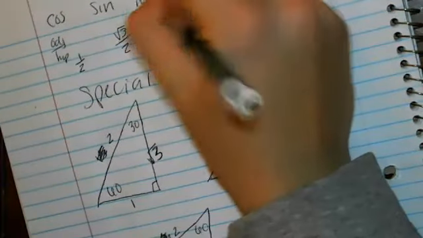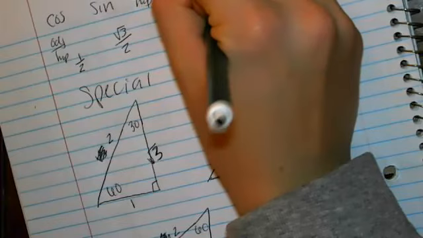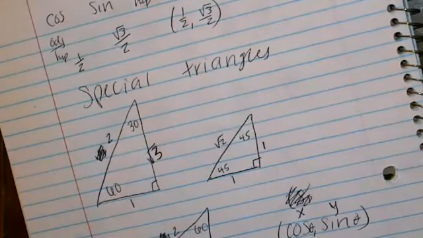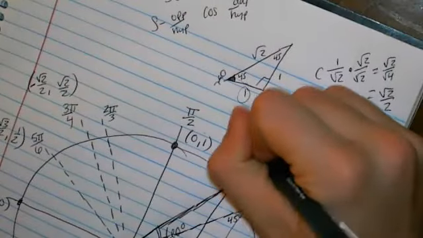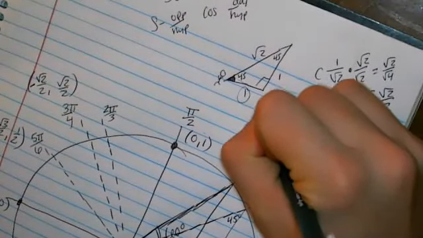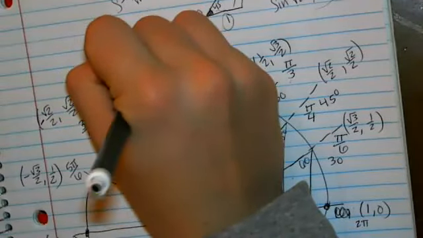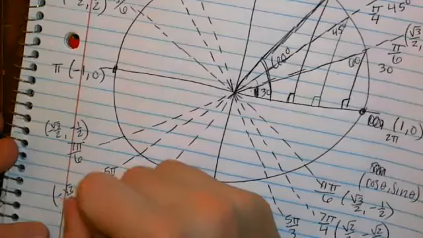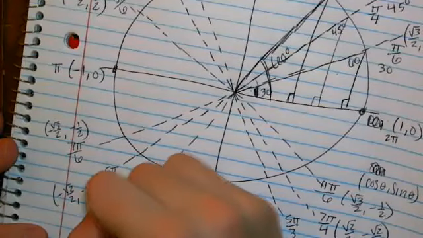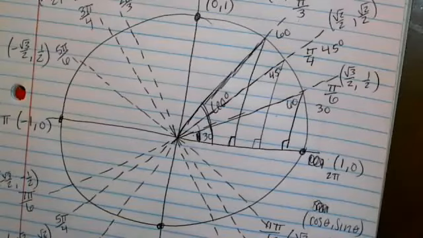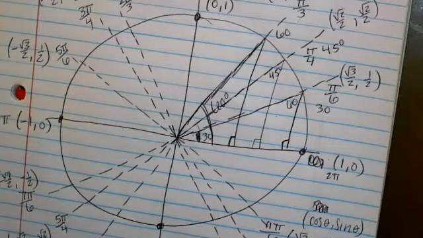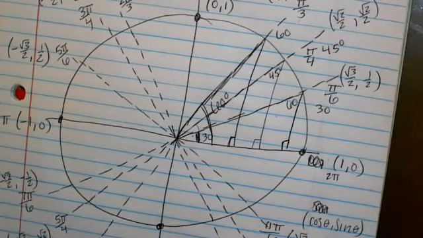This creates the coordinate point 1/2, root 3 over 2. So at our pi over 3s, that's what we put: 1/2, root 3 over 2. Then negative 1/2, root 3 over 2. Negative 1/2, negative root 3 over 2. And positive 1/2, negative root 3 over 2.